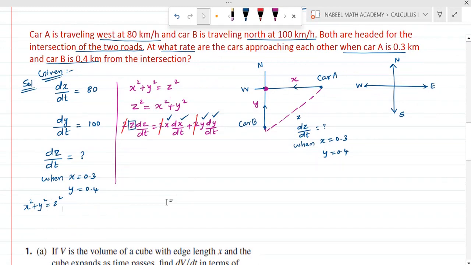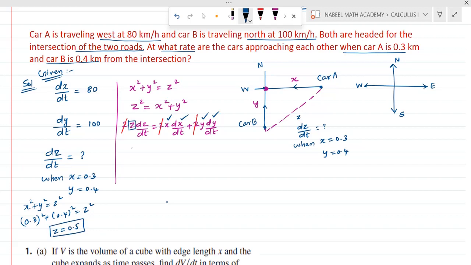So x is 0.3, y is 0.4. 0.3 square plus 0.4 square is equal to z square. If you simplify, z is equal to 0.5. Z is equal to 0.5. I got it.